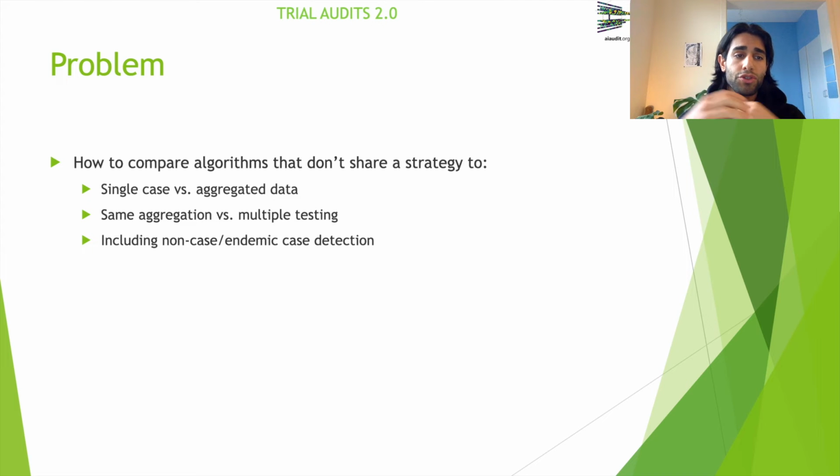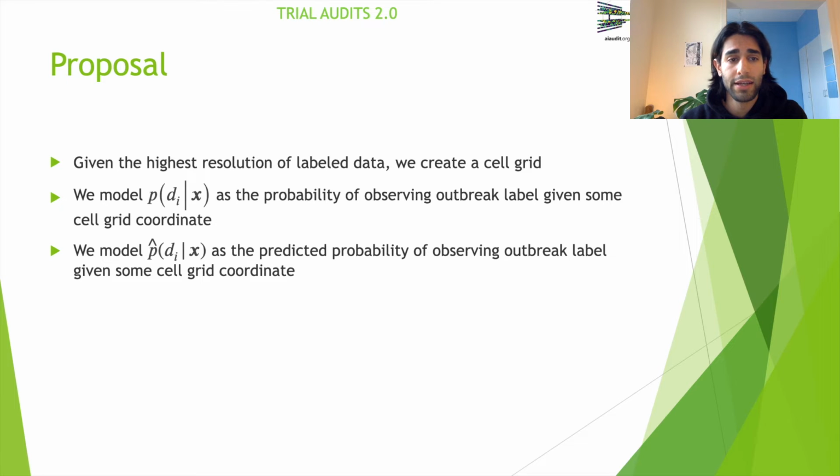So up to now, you should know what outbreak detection is, and that there are different kinds of algorithms that are hard to compare, but comparability is important for benchmarking. And that's exactly what we were working on, and we also have a proposal that might solve this problem. The basic idea is that we take the labeled data, our expert labels together with the epidemiological data, and from that we form some kind of cell grid.